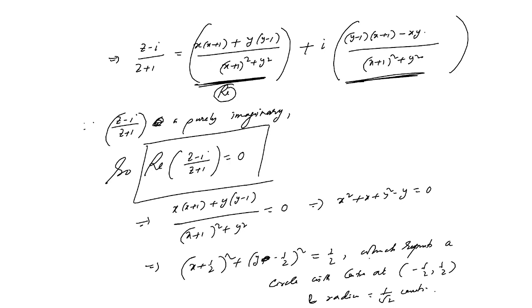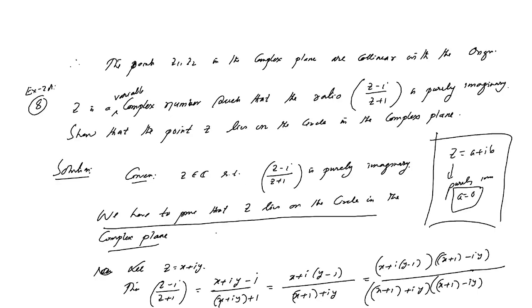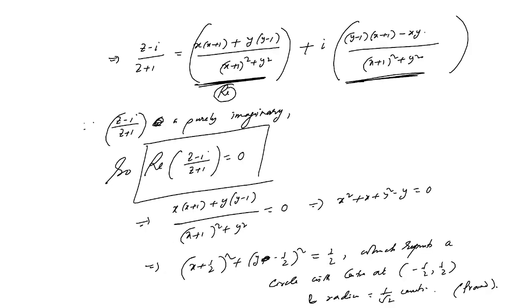So this is a circle in the complex plane. That is exactly what we wanted. So this is proved, because we had to prove that Z lies on the circle in the complex plane. Here we have shown that Z, that means (x, y), lies on it. Therefore we can conclude Z lies on the circle in the complex plane.